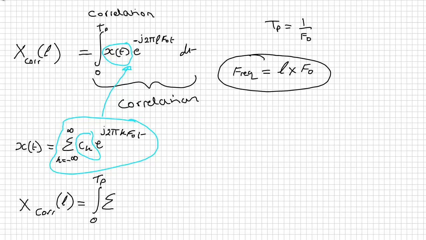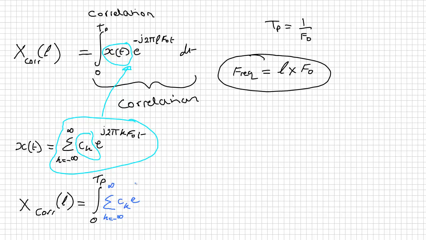So let's use a different pen for this purpose. Choose a different pen and sum from k minus infinity to plus infinity. So we have a lot of weights, C k.